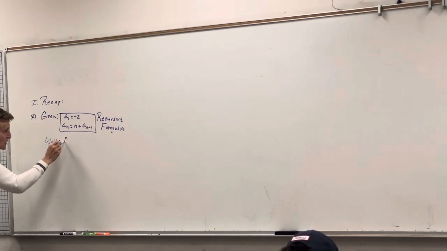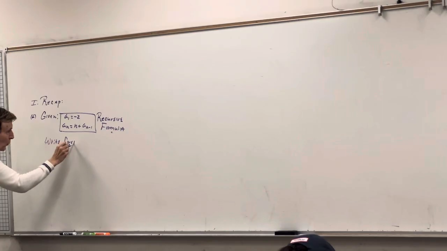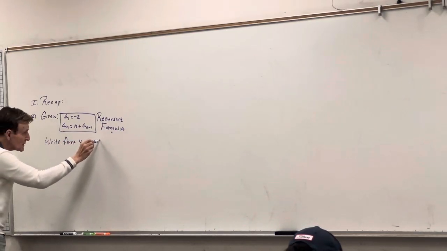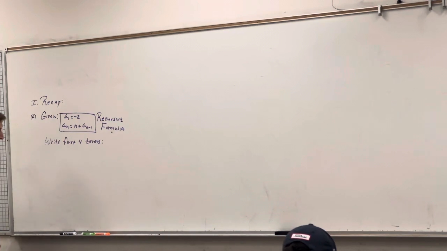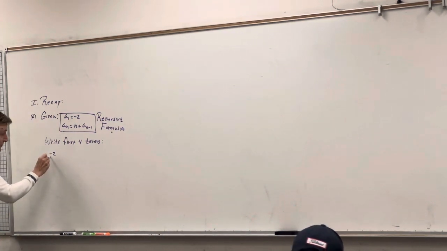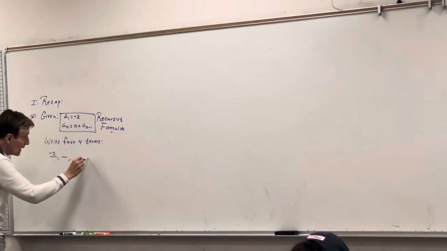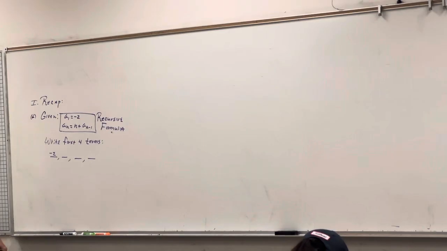Let's write the first 4 terms of this sequence based on what they gave me. Well, since they gave me -2, then no doubt that's my first term. And since I'm asking for 4, I'm missing 3 here. They gave me the first one.